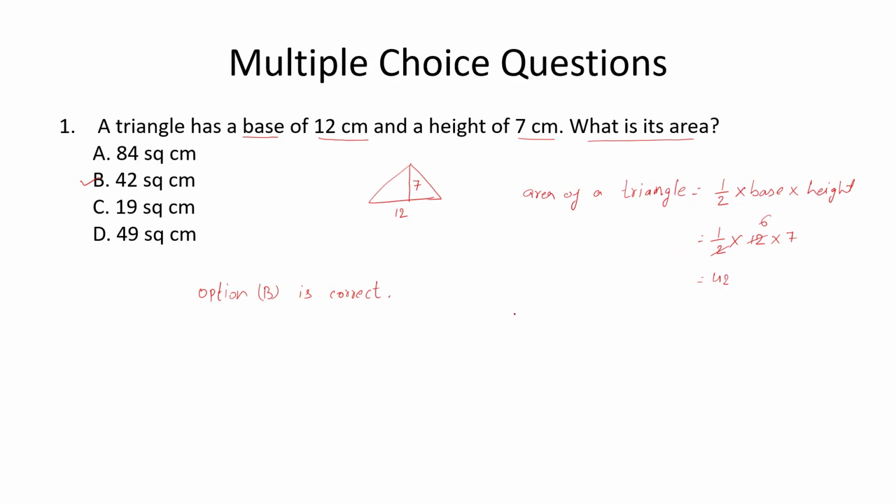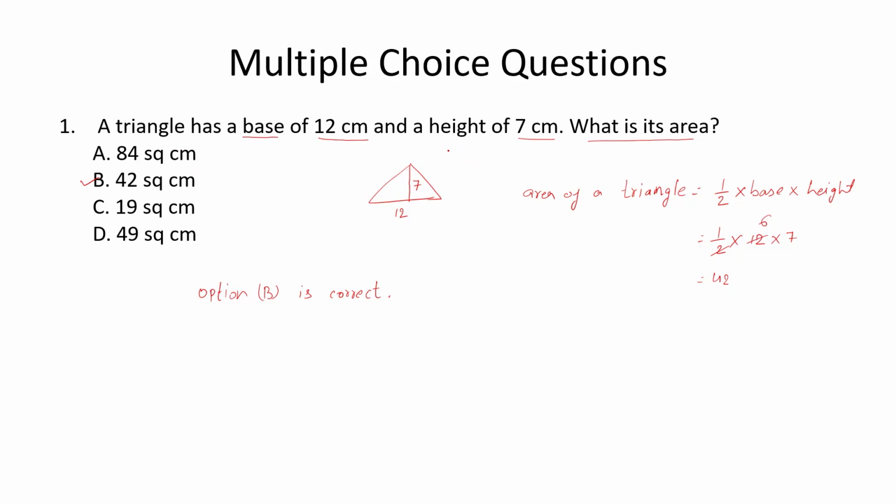Now you can see how simple this problem is, but it is not simple for anyone who is not familiar with shapes. If you don't know what is a triangle, you cannot solve it. For example, triangle is a very basic terminology of English. You may be knowing what is a triangle, but you may not be knowing what is the base in a triangle, what is meant by height of a triangle. If these two things you don't know, you cannot solve it.